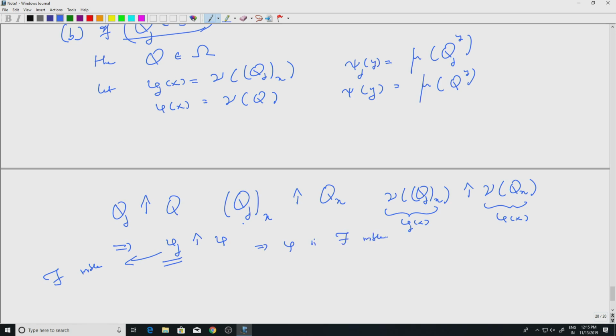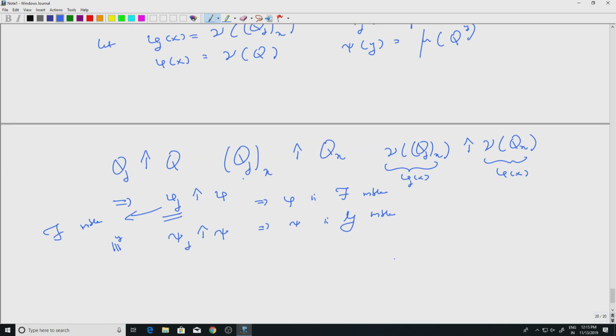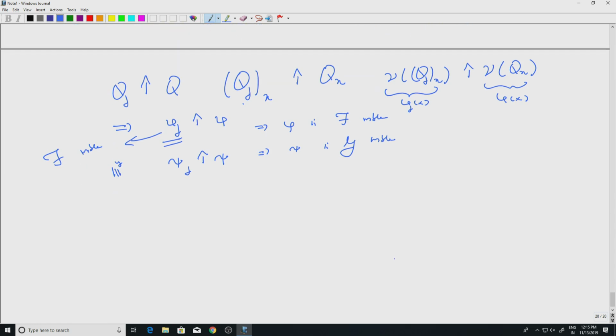Similarly, psi j will increase to psi, implies psi is script g measurable. Okay. So, good, we are in good shape now. Measurability is done. Now, we have to prove that the integrals are same. What do we know? We know that the integrals for phi j and psi j are same.